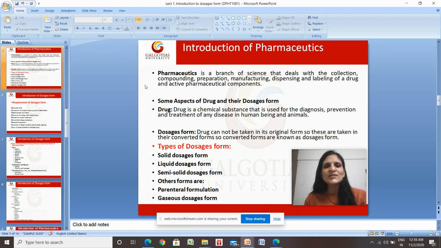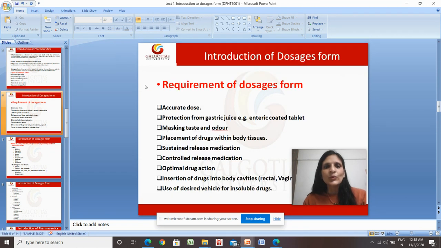Why do we need these dosage forms to administer in the body? So what are the requirements? We require dosage form for accurate dosing. Number two, for protection of drug from the gastric juice. Number three, masking bitter taste and odor. Number four, placement of drug within body tissues.